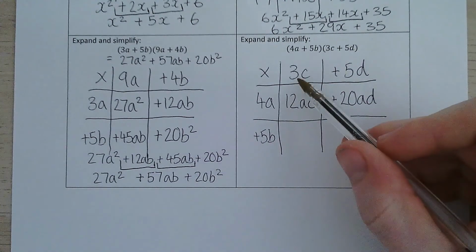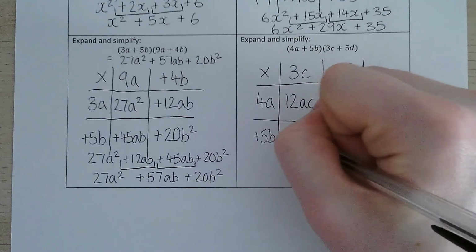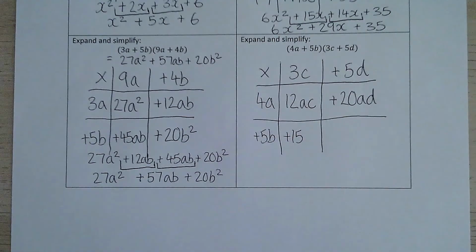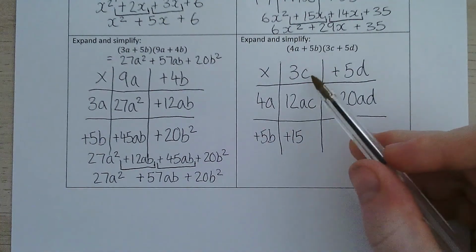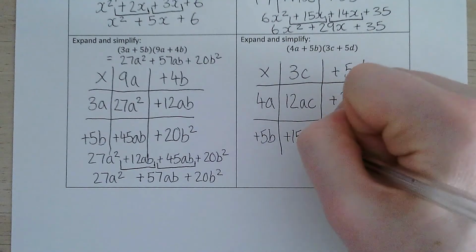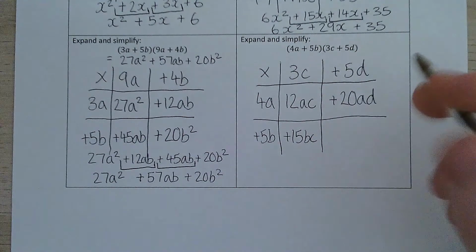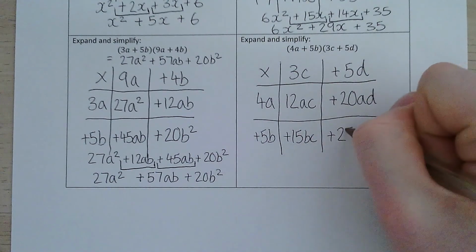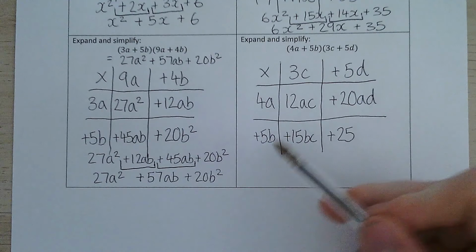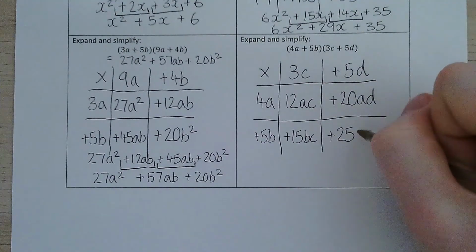Positive 5 times 3 gives us positive 15, and b times c is bc. And finally, positive 5 times positive 5 is positive 25, and b times d is bd.